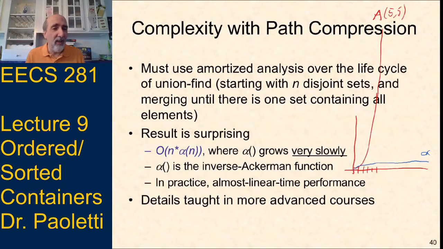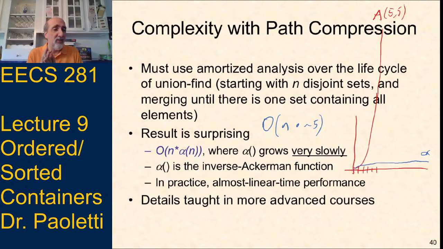So therefore, the inverse Ackermann is basically a constant. For all n which are within the bounds of the number of particles of the universe, alpha is 5 or less. So because inverse Ackermann is 5 or less, our total life cycle here is O of n times something that's basically 5, which is O of n.